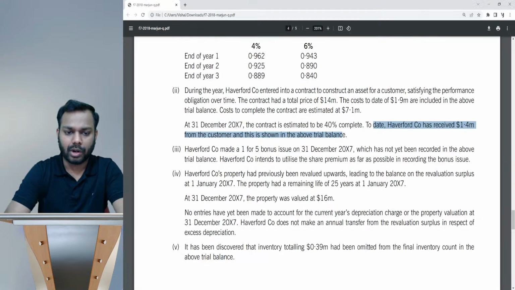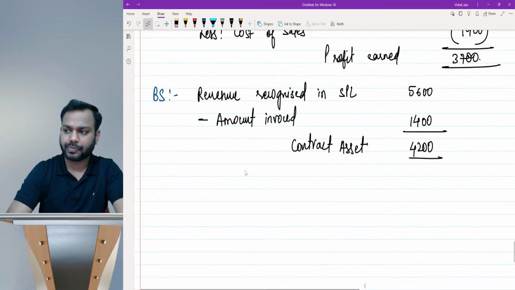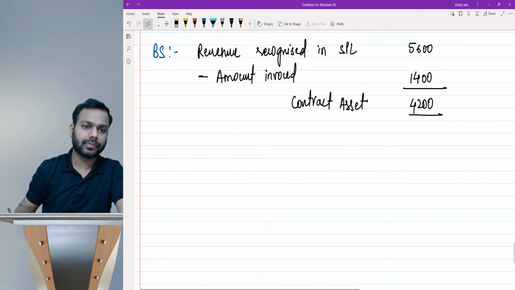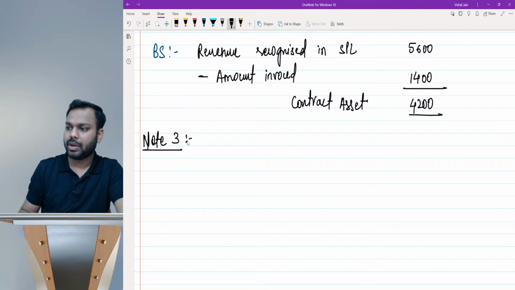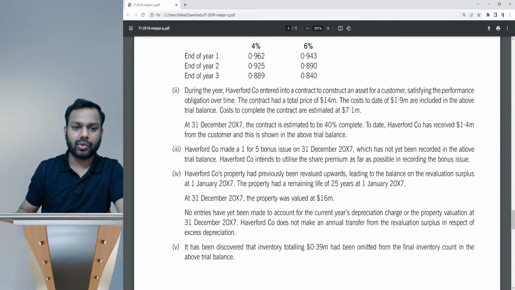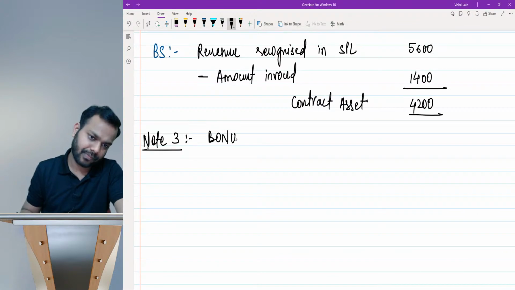Now coming on to note 3. What is note 3? Bonus issue.